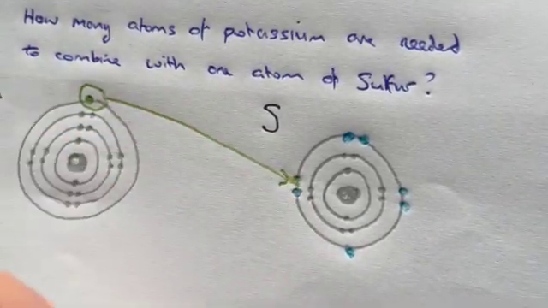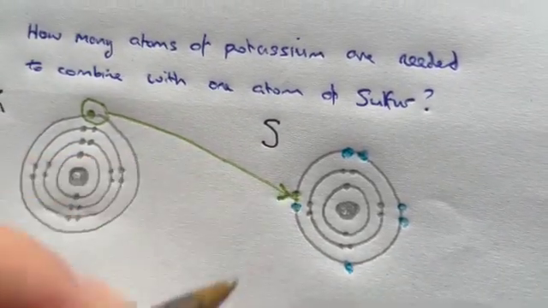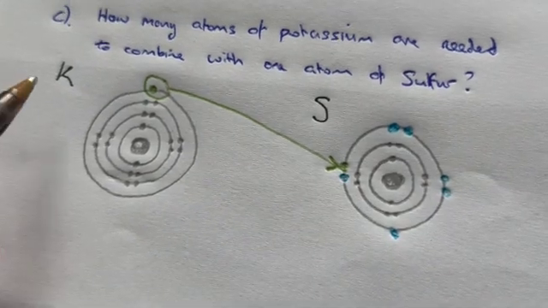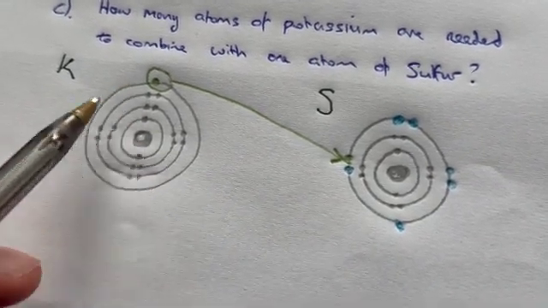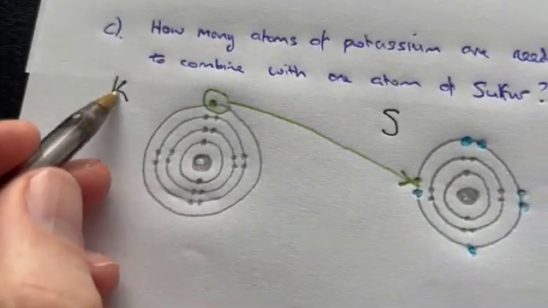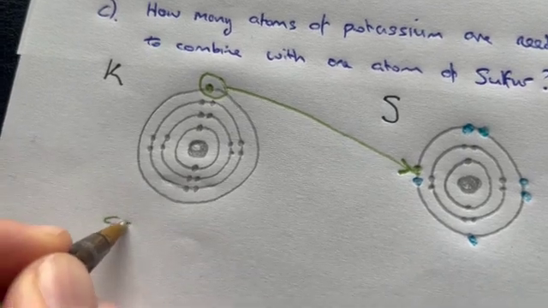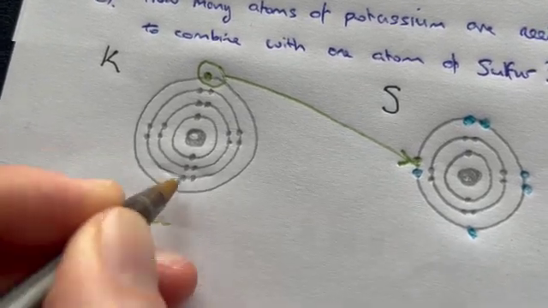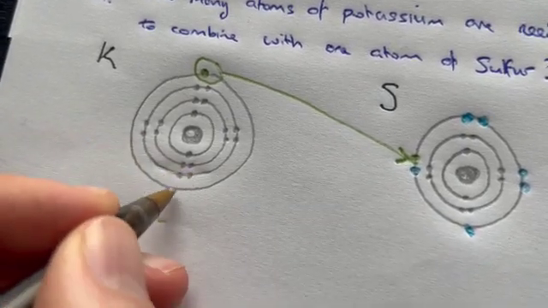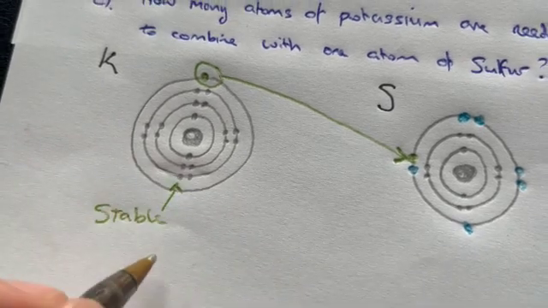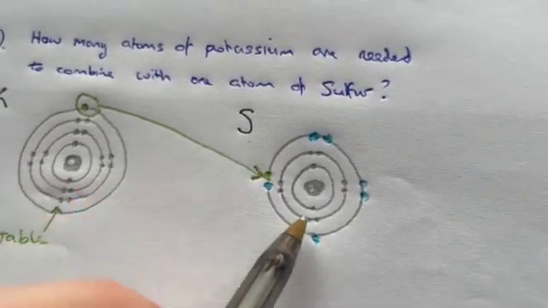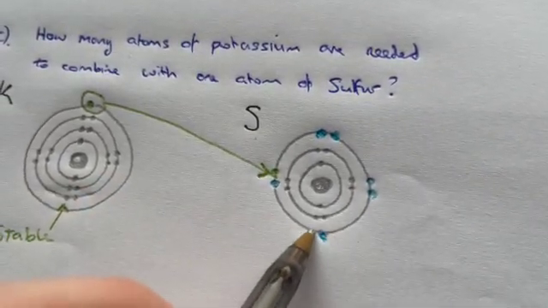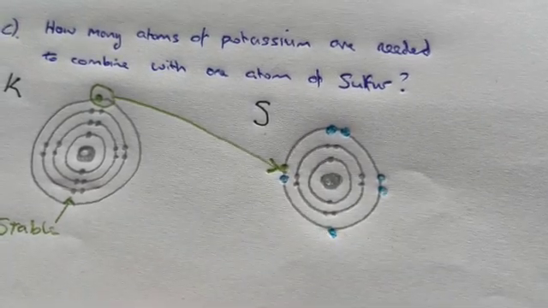It's going to go in there. My potassium is now stable, with 8 electrons in its outer shell. My sulfur is still not happy. It is still missing an electron.